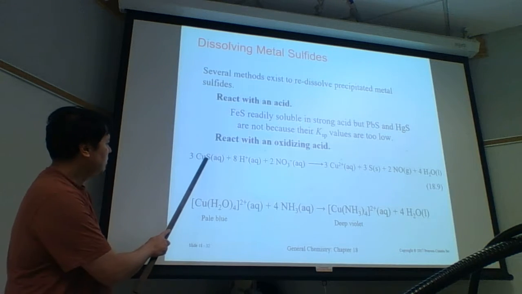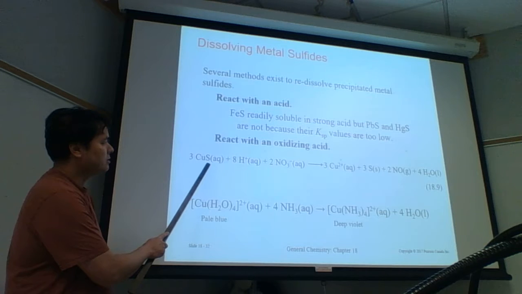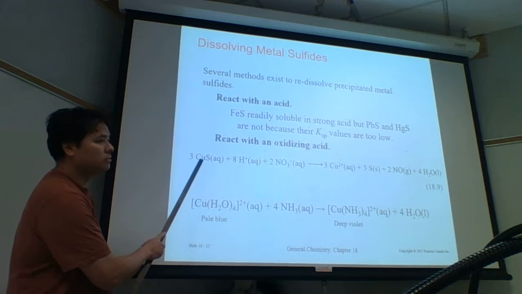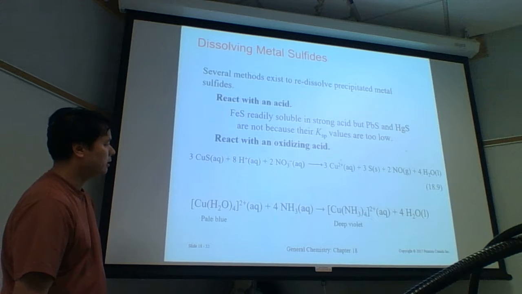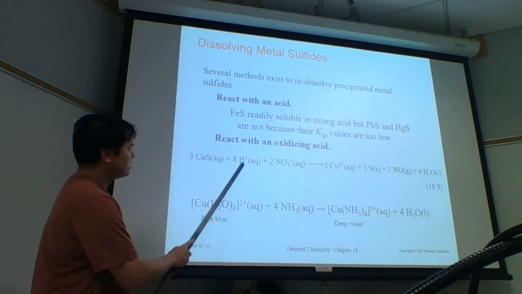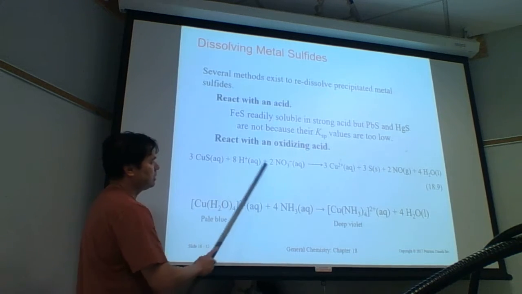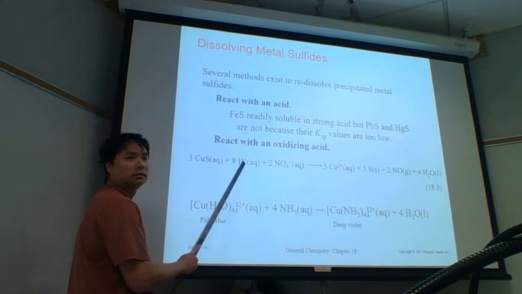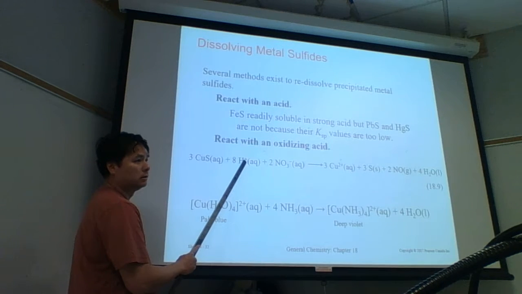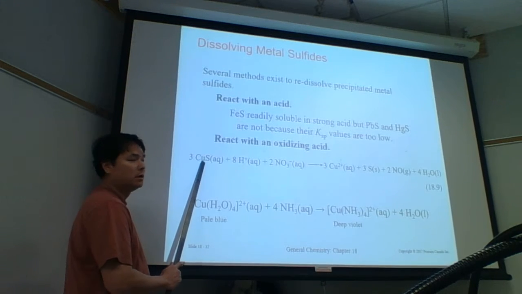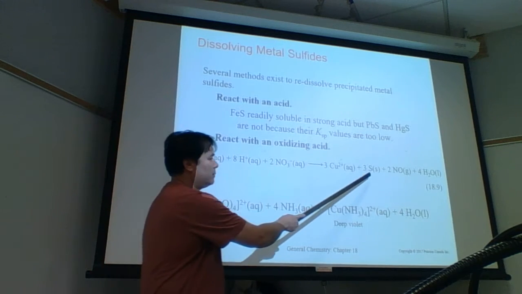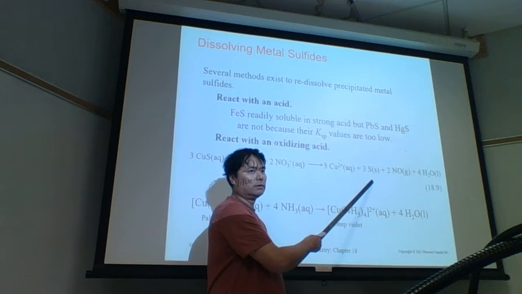If we look at Cu and S, it turns out sulfides are pretty good reducing agents, S2-, because they're big and have a -2 charge. So what did the oxidizing acid oxidize? Sulfide, S2-, and it oxidized it to elemental sulfur.